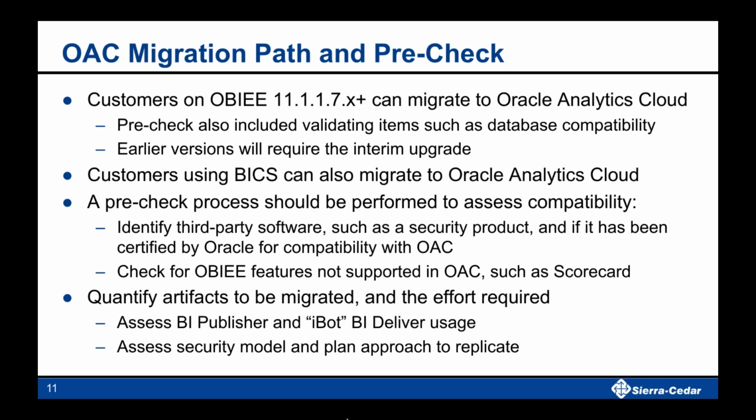Some of us are still using authentication and authorization init blocks within the RPD to connect to the LDAP server, which has actually moved to the WebLogic server from OBIEE 11g onwards, but some of us still use that old approach. If any such things are still being practiced, it's a good time to move to the standard procedure. The pre-check covers all this. Let's move on to the next slide.